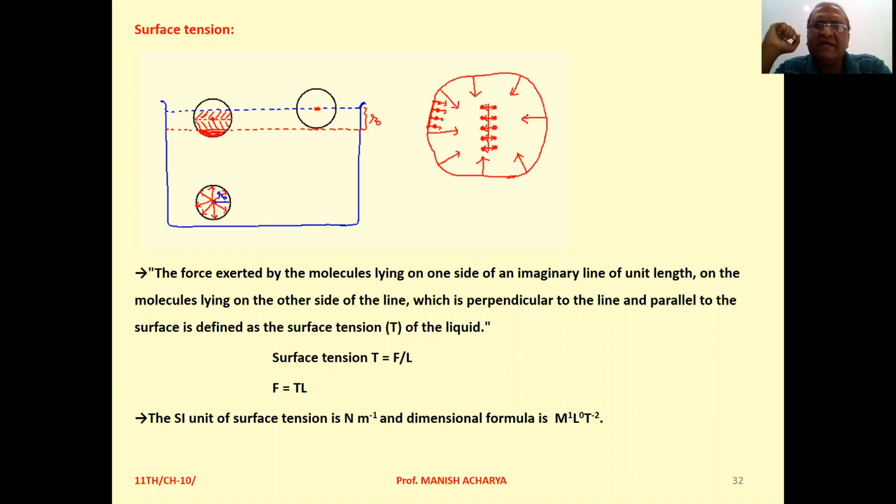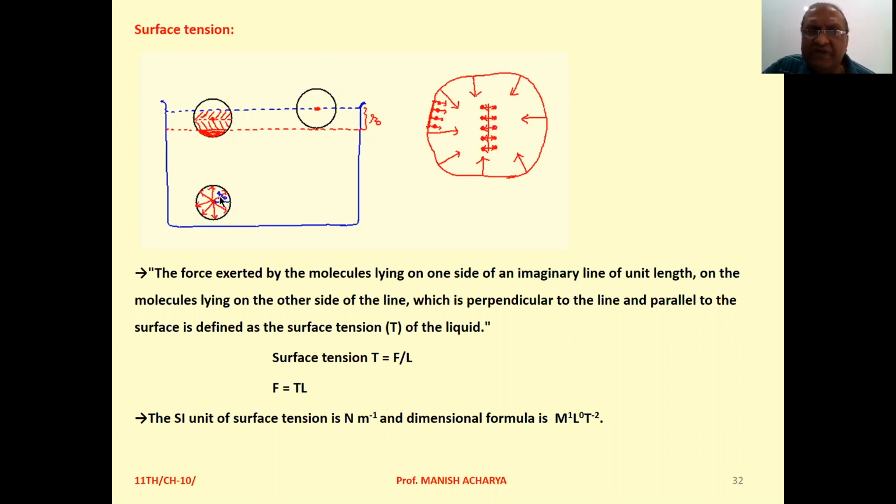Suppose that distance is R0, up to which the molecule can exert the attractive force, right? Now, suppose we consider one molecule somewhere here, and by taking this molecule as a center, we imagine a sphere, an imaginary sphere having radius equal to R0, the distance up to which the molecule exerts the attractive force.